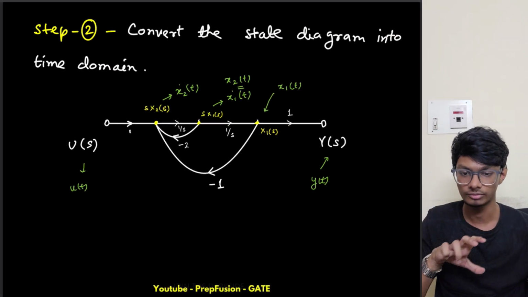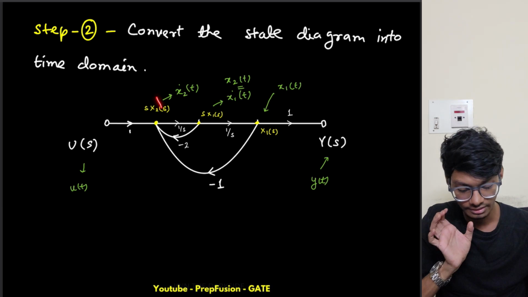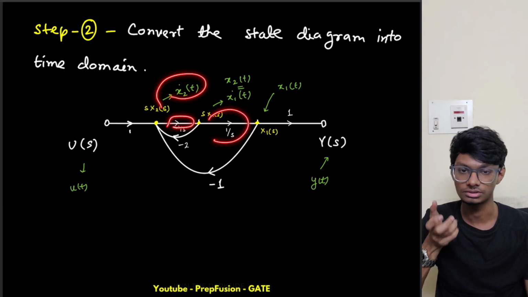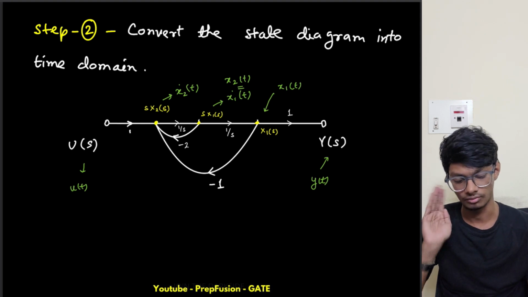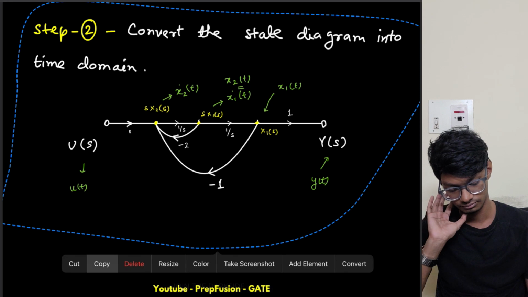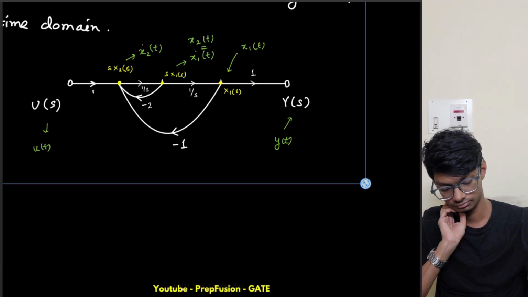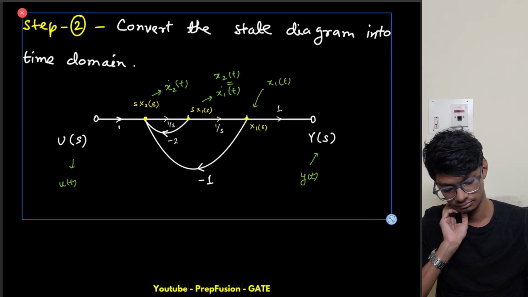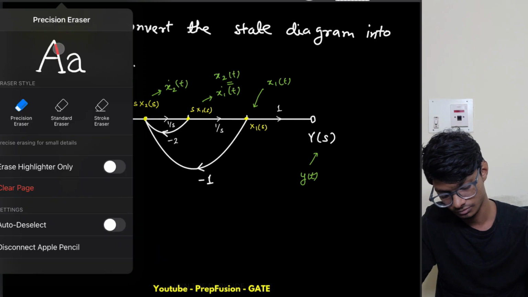So I have written the time domain expression. Now what will be my step 3? As I have already taken the effects of this 1 by s, all these things I have considered in the time domain expression. I will remove this. This will be my step 2, 3.